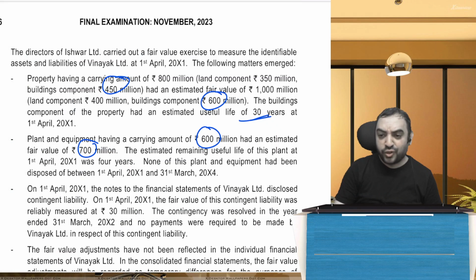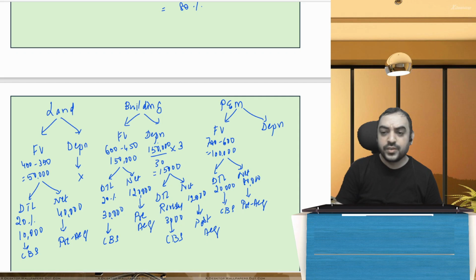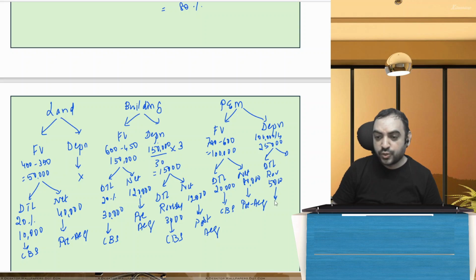Depreciation: this has a useful life of 4 years. So 1 lakh divided by 4 is 25,000. What is the deferred tax liability reversal? 25,000 at 20% is 5,000. This will go to the consolidated balance sheet. Wait, 3 years completed, right?